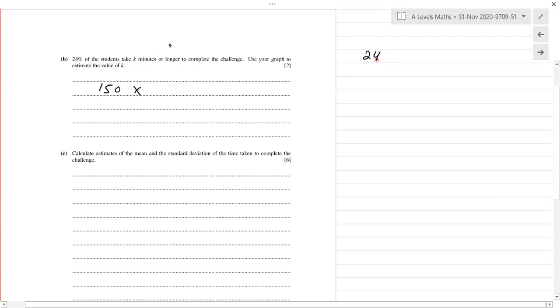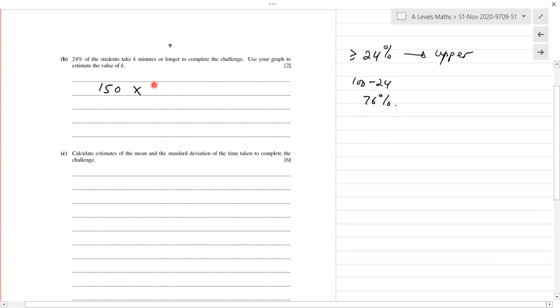So that means we are talking about the upper students who are going to take greater than this percentage. So that's going to be 100 minus 24. That's going to be 76.